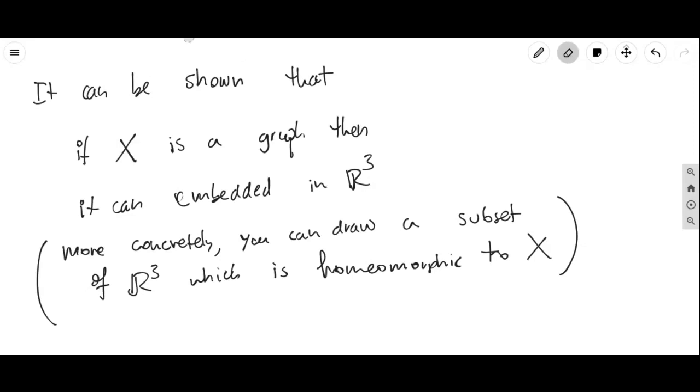It could be something very abstract, something you cannot see. But when we say that the graph can be embedded into R3, that means you can draw a picture in R3, which is a concrete Euclidean visualization of your abstract topological graph.